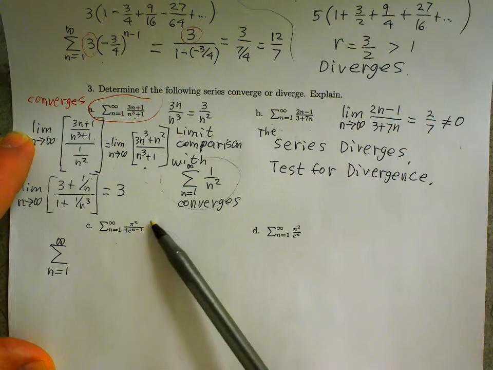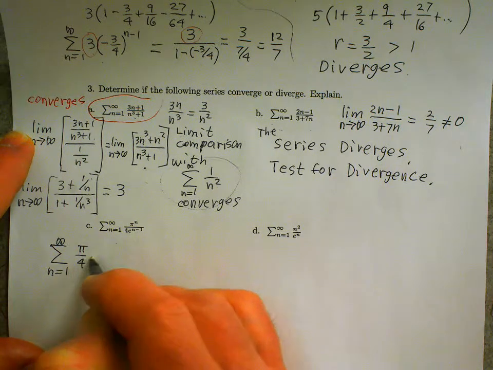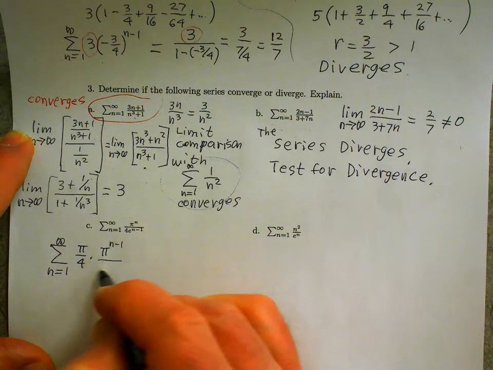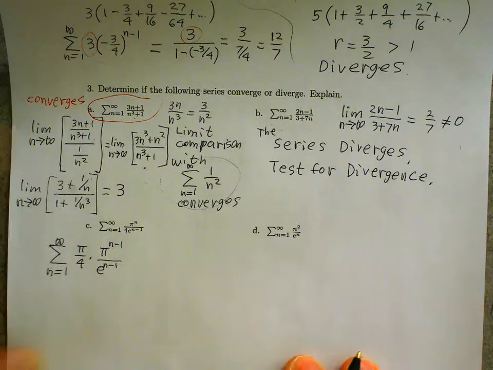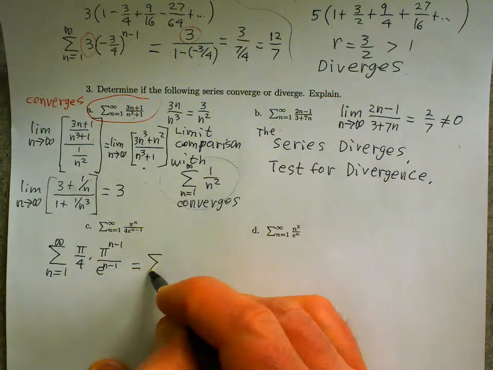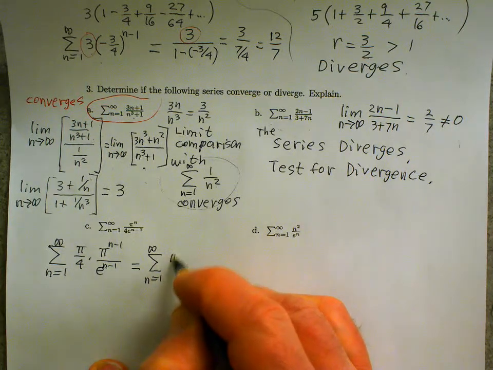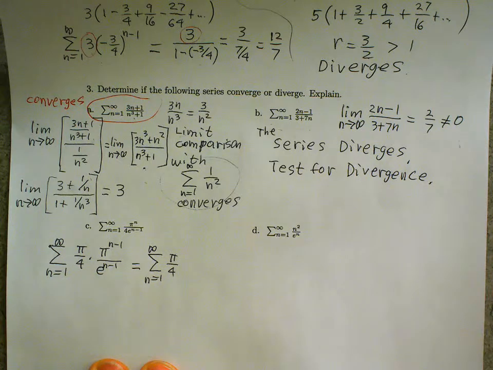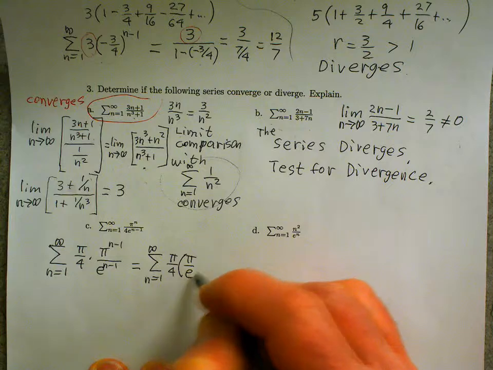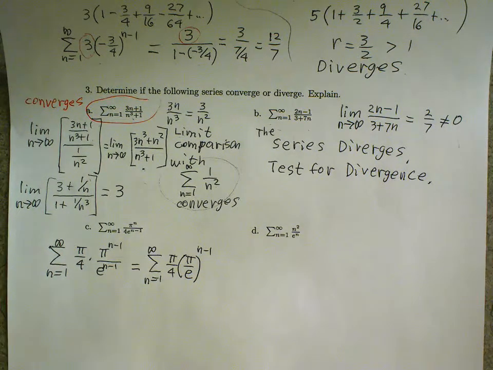But if we take one factor of pi, so pi over 4, and then times pi to the n minus 1 over e to the n minus 1, then we can write this as the series where the terms are pi over 4 times pi over e to the n minus 1.